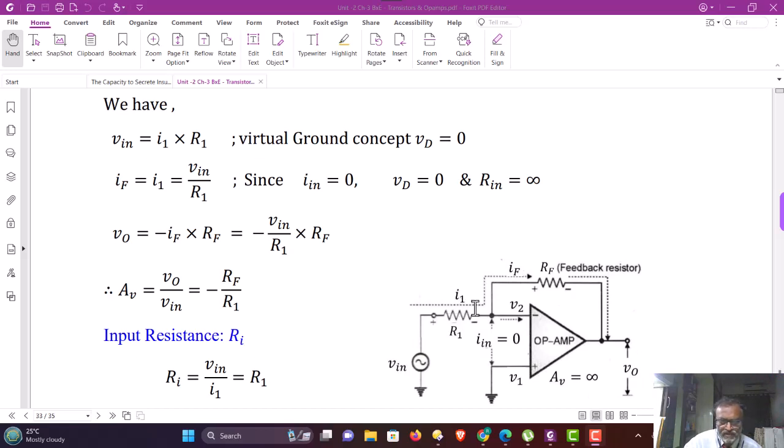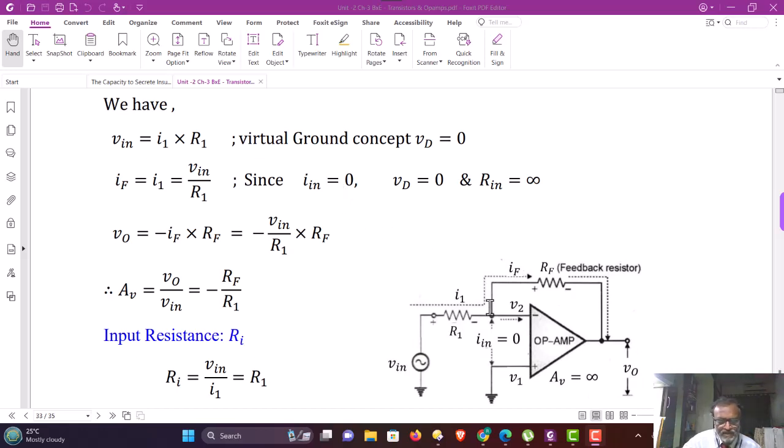Therefore, whatever current I1 comes through R1 flows through the resistance RF to the output terminal, and that is denoted here as IF. Since the input current Iin of the op-amp terminal is 0, IF is the same as I1. From these two equations, we will substitute the value of I1 in equation number 1.